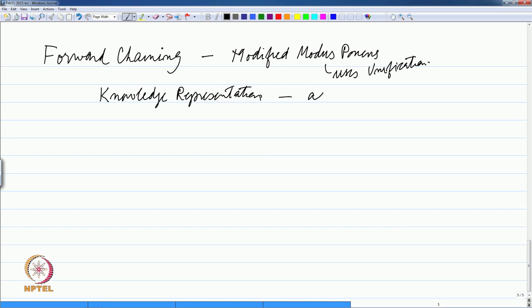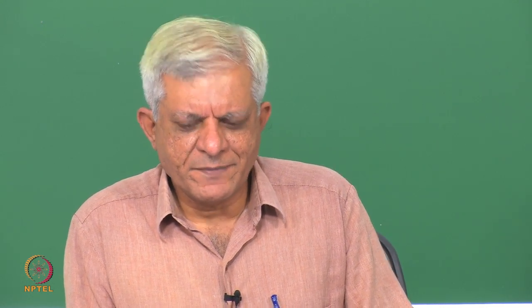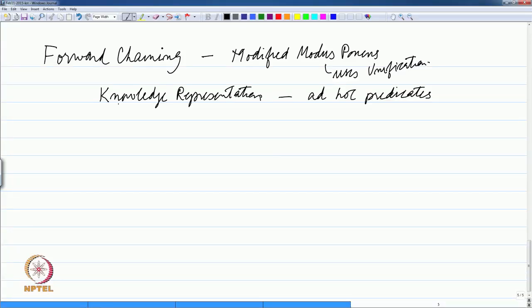We do not particularly care what is the variable you are using. So, in some sense we are using ad hoc predicates. We are not giving any thought to whether these are the best predicates to describe the domain that we are trying to describe, and so on and so forth. We will come back to knowledge representation at a later time. We want to focus now on the reasoning part essentially, which is algorithms essentially.